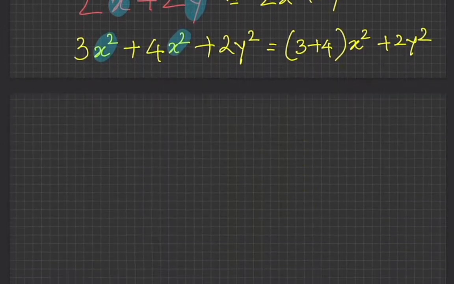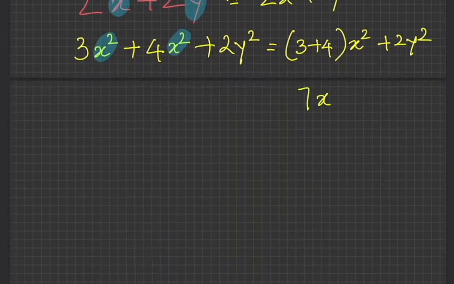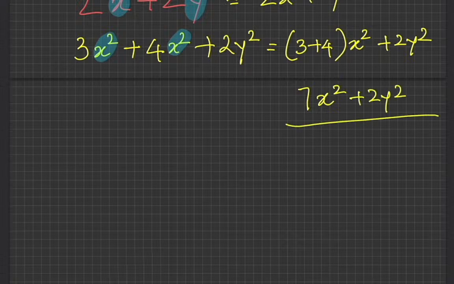So that will give me 7x squared plus 2y squared. And I leave it at that. That's the final answer because the literal variables here are different. So I keep it that way, right? So this is about like terms and unlike terms.